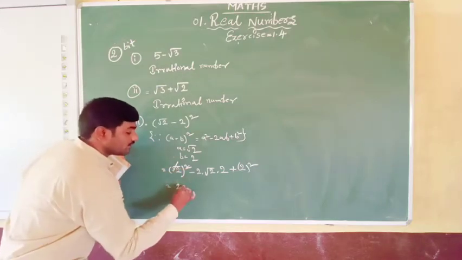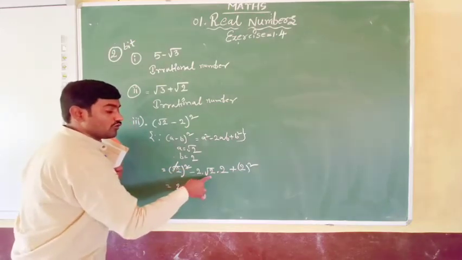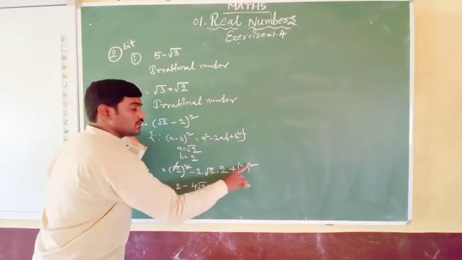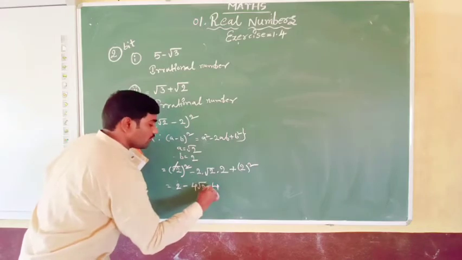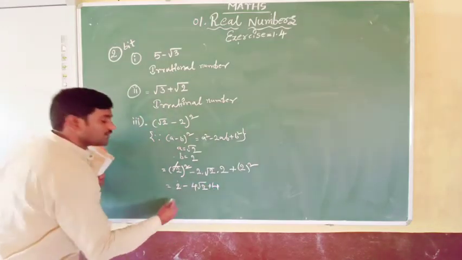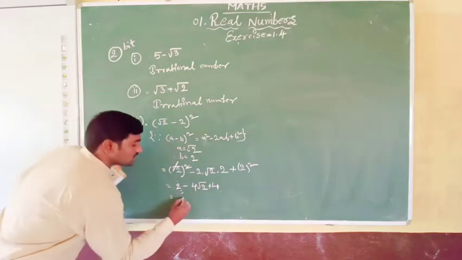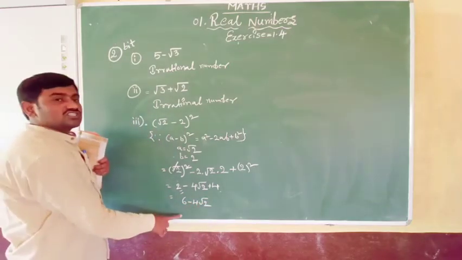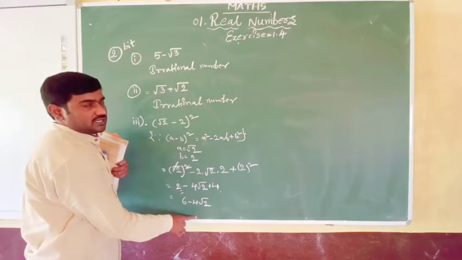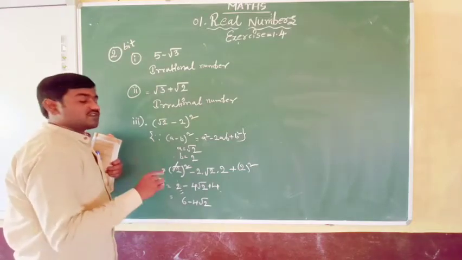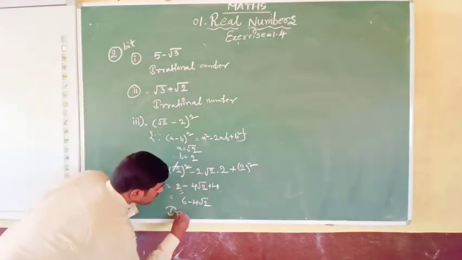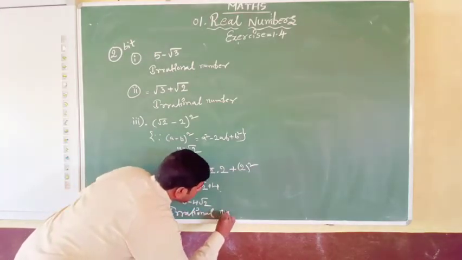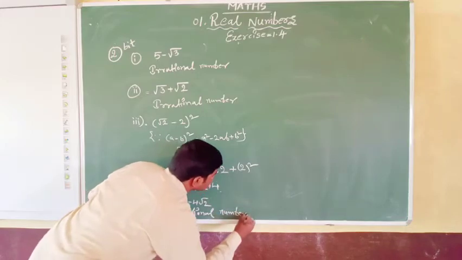We get 2 here minus 2 into 2, 4, 4 into root 2, 4 root 2. Here 2 square value is 4, plus 4. Simply 2 plus 4 is 6. 6 minus 4 root 2. 6 is a rational number, 4 root 2 is an irrational number. The difference of one rational and one irrational is always an irrational number.